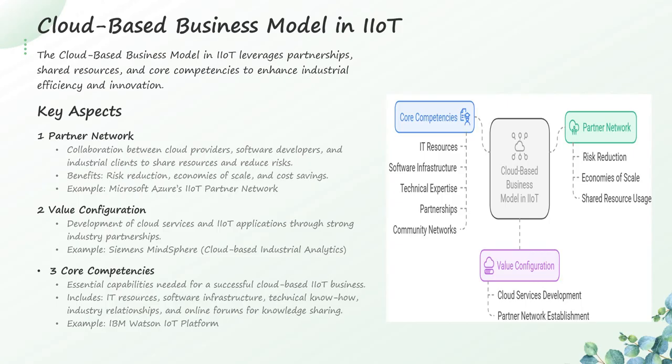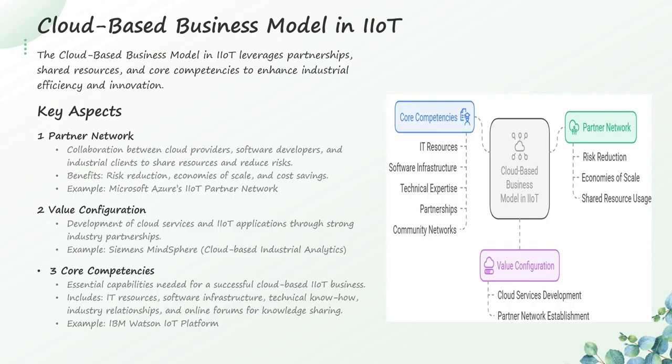Then you have core competencies, and this is the third aspect. It is the essential skills, expertise, and resources needed for a successful cloud-based industrial IoT business. The key components of these core competencies: first is the IT resources, that is, secure and scalable computing infrastructure. Then you have software infrastructure, that is, robust platforms for managing industrial IoT applications.